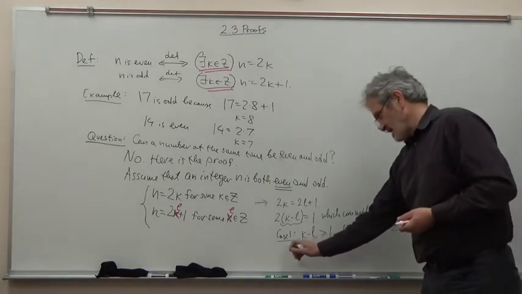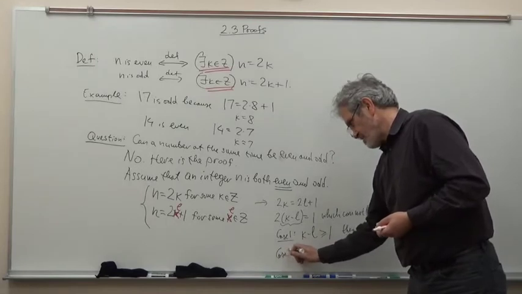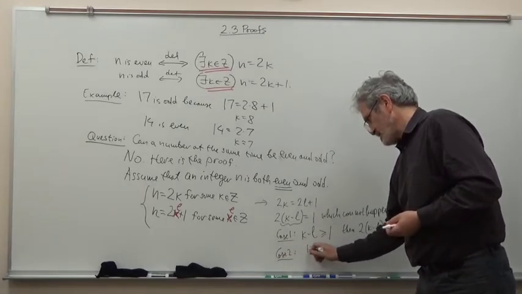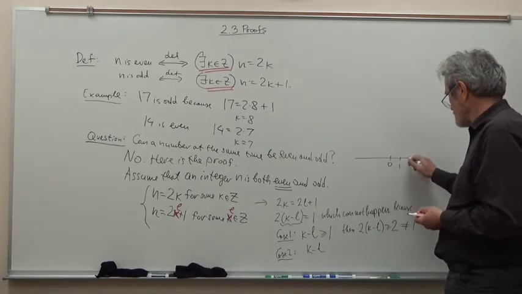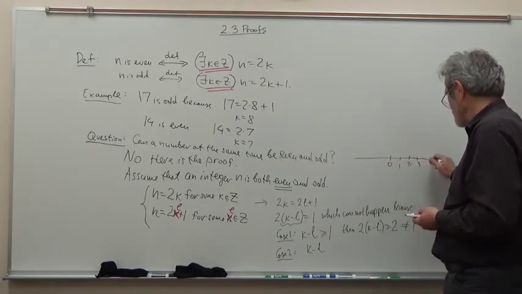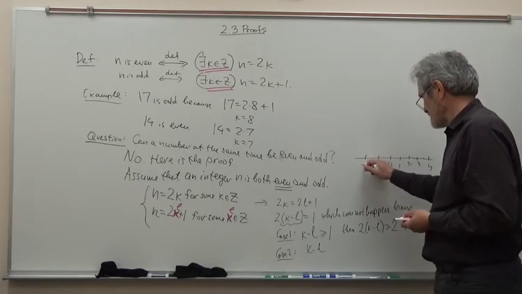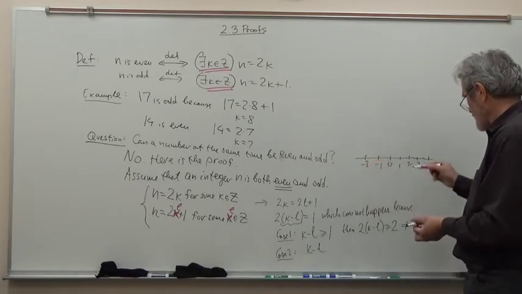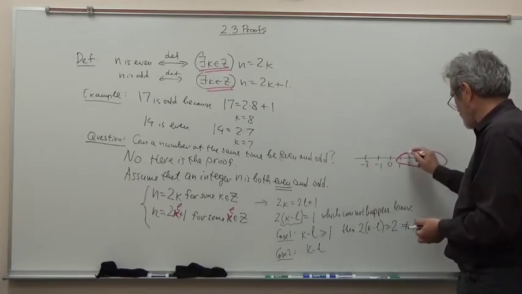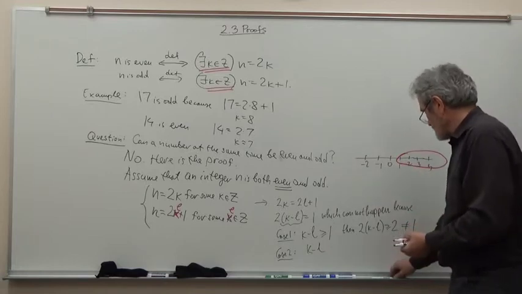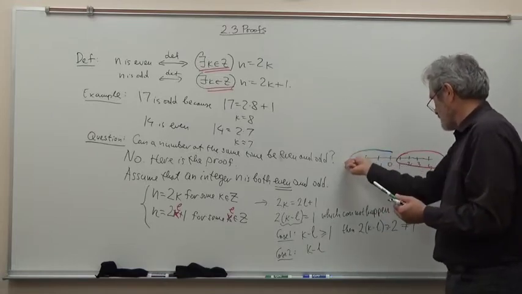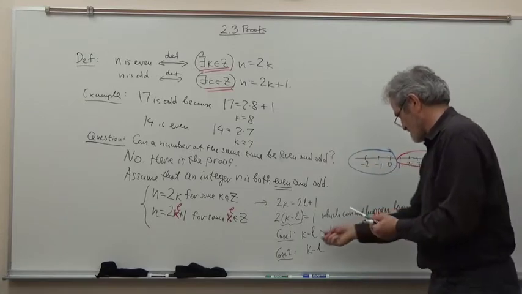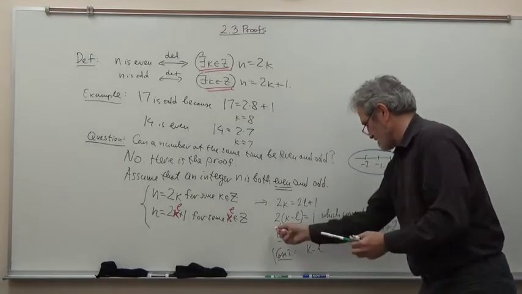But then, case 2. You know how numbers go: 0, 1, 2, 3, 4, negative 1, negative 2. So if k minus l is not greater than or equal to 1, you are in the second territory, less than or equal to 0. That's the blue version, and this was the red version.